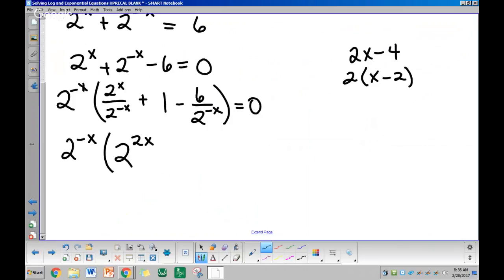Good, I like that. And then I'm going to put things in a nice order here. What happens when I divide 6 by 2 to the negative x? So this is negative 6 times 2 to the x, plus 1.